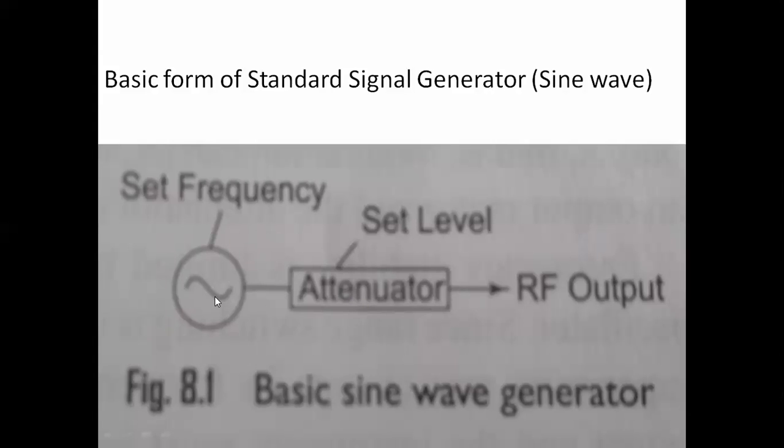By using the oscillator, we can generate frequencies from a very small range, from 1 hertz, up to the very high gigahertz range. So any signal generator mainly consists of two blocks: the oscillator and the attenuator.